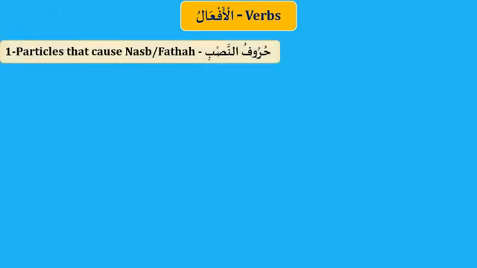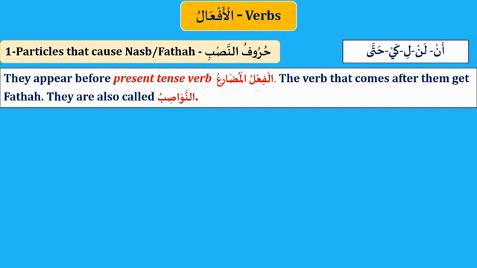And next we are going to learn al-af'al, verbs, the particles that change the harak of the verbs to fatha or sukun. First one, حروف النصب, particles that cause nasb or fatha. They are an, lan, li, kay, and hatta. They appear before the present tense verb, al-fi'l al-mudari'.